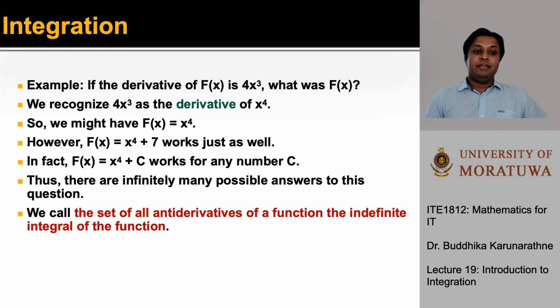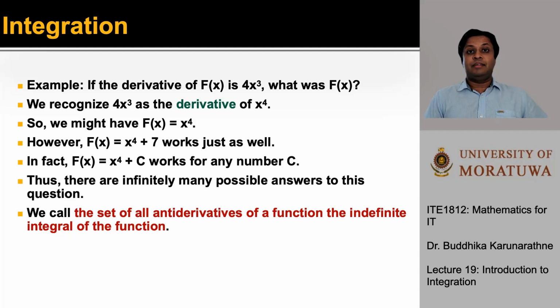However, we should note that even if we define capital F(x) to be x to the power 4 plus 7, which is a constant, even if you differentiate this new function, you will get the derivative as 4 times x cubed, because the derivative of the constant will be 0.